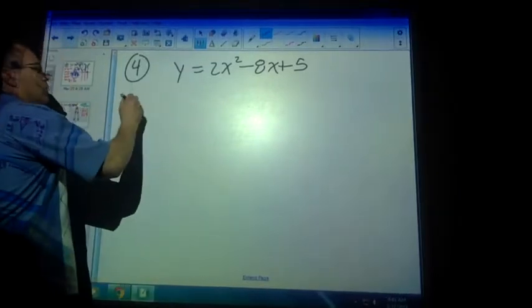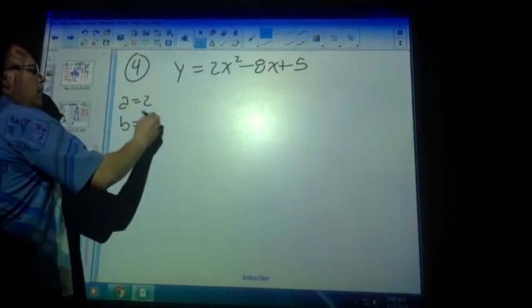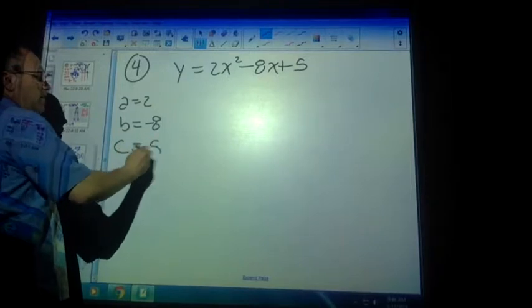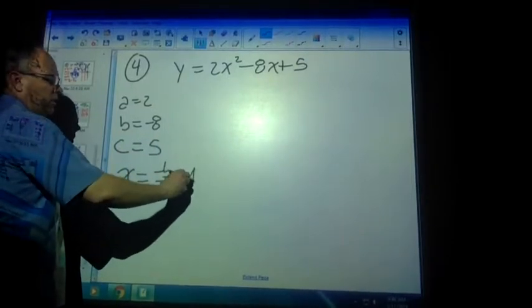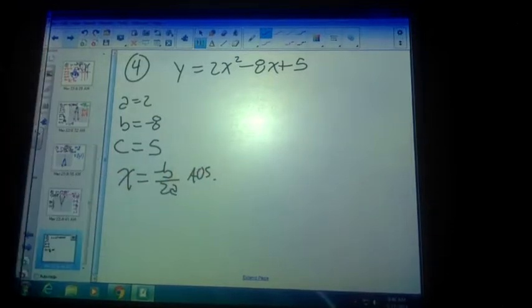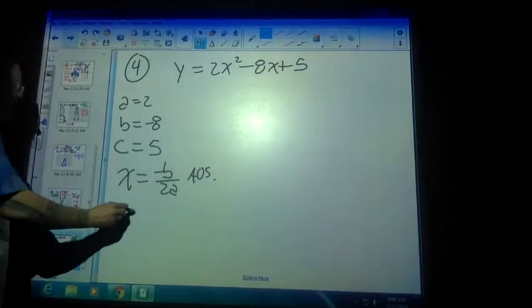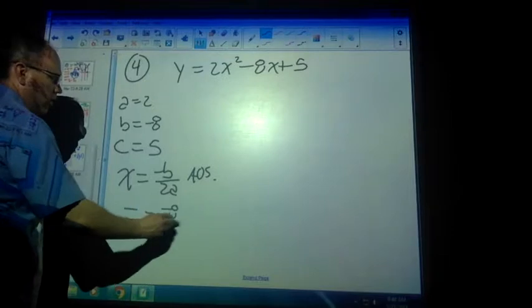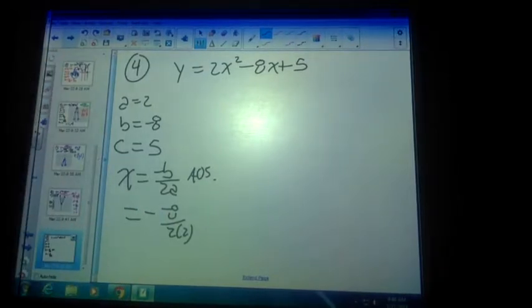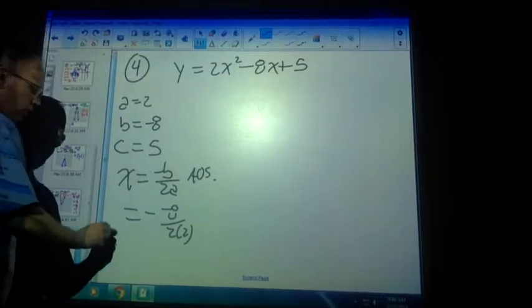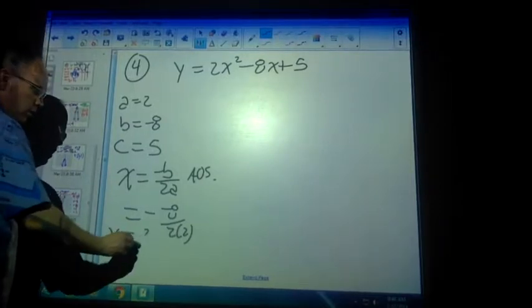My A value is 2, my B value is negative 8, and my C value is 5. I think we're going to have to use x equals negative b over 2a to find our axis of symmetry. So I get negative 8 over 2 times 2. Negative negative 8 is positive 8. 8 over 4 is 2.